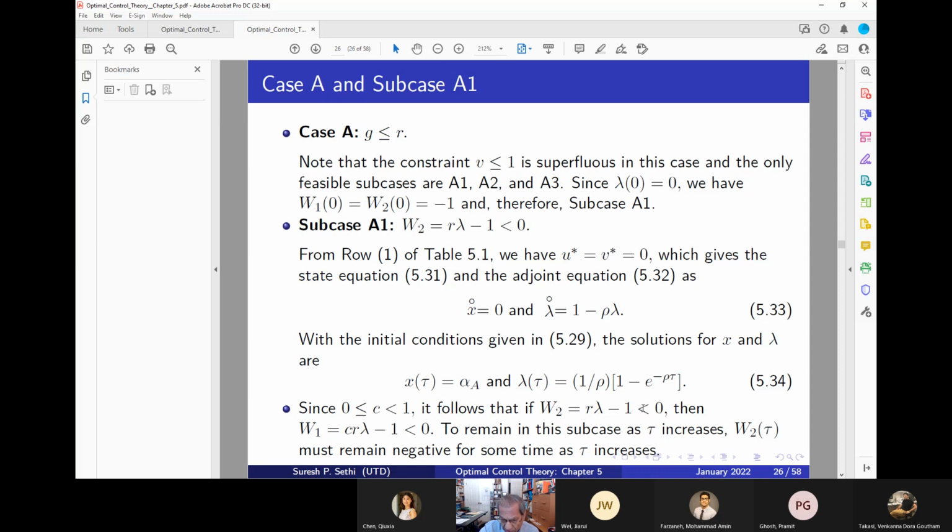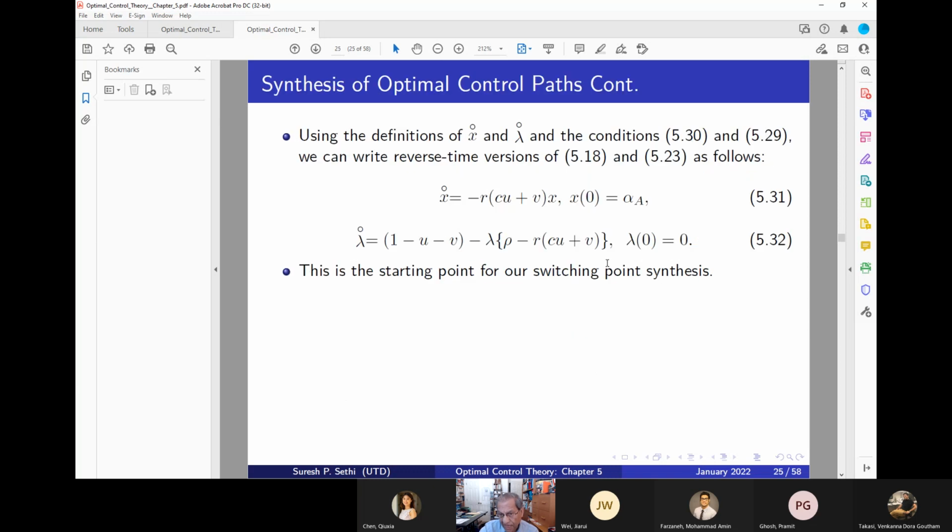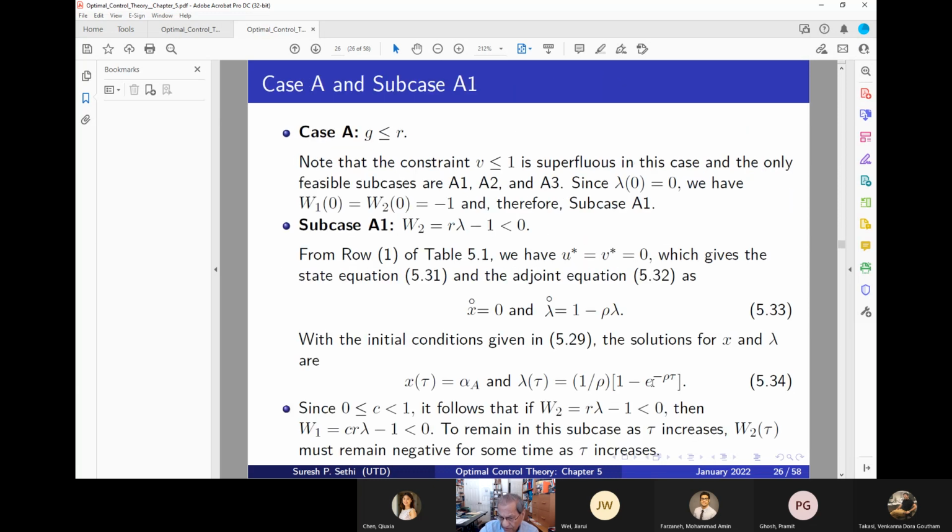Notice if W2 is less than 0, then W1 is definitely less than 0. So we will remain in this subcase as long as W2 tau remains negative. Right now it is -1, and it's going to change, and we will see quickly what is going on. First of all, let's see what happens to lambda tau. At tau equal to 0, this is 1, so lambda tau is 0 as we are requiring, because lambda 0 is 0, so that is correct.